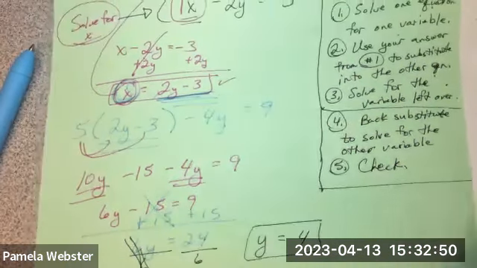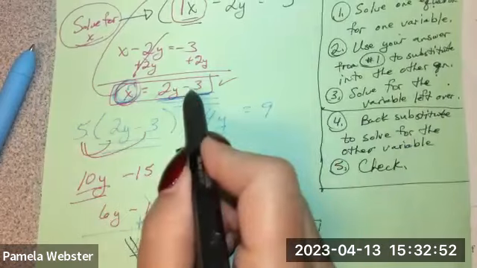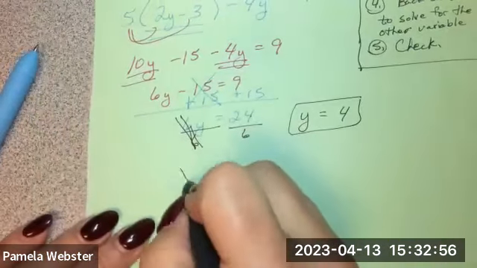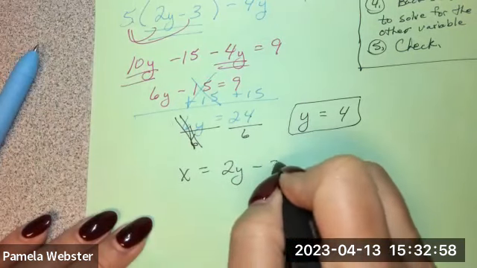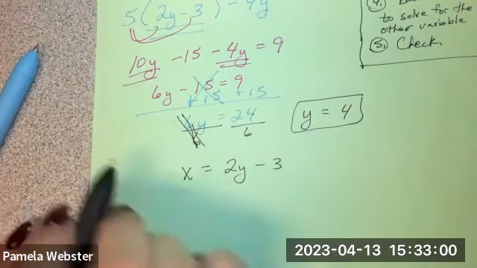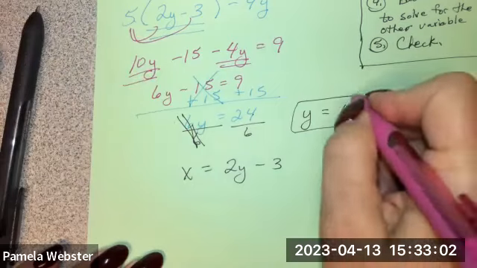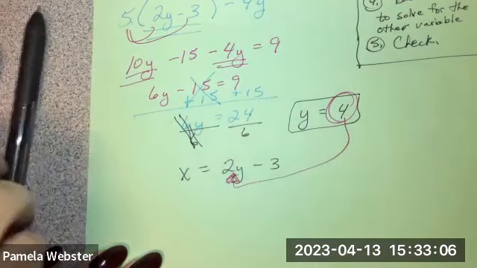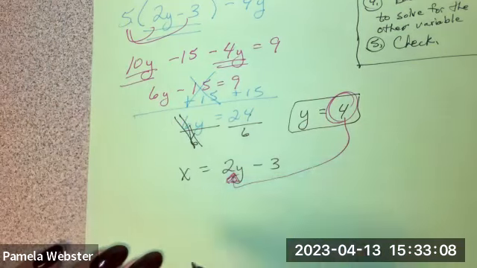Well, look here. We had this equation, x equals 2y minus 3. It's already solved for x. And now I know, hey, look, y equals 4. Substitute that back in. That's what they mean by back substitute.